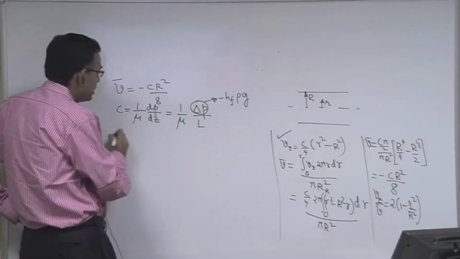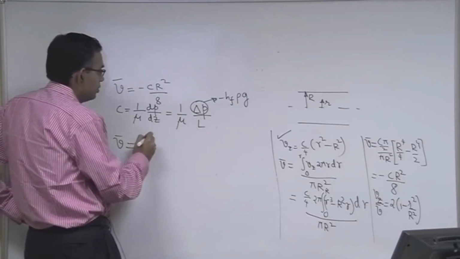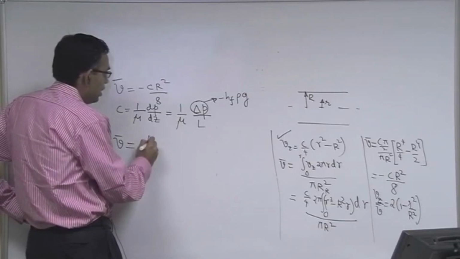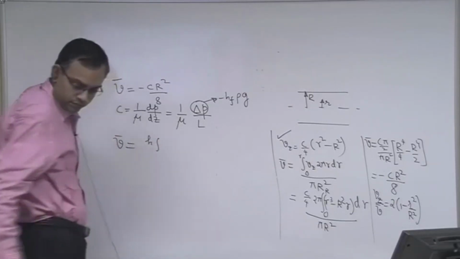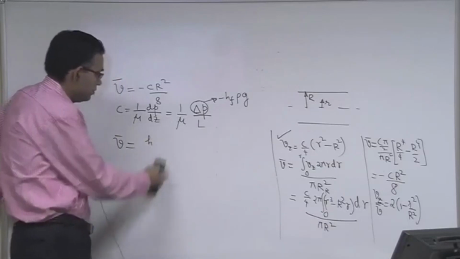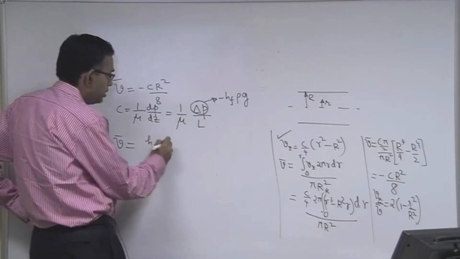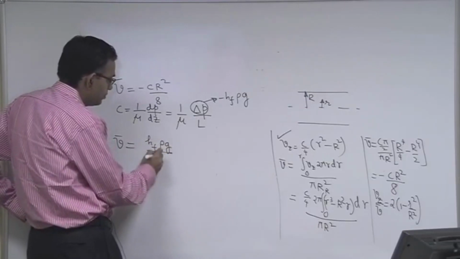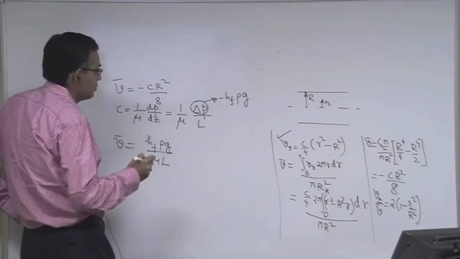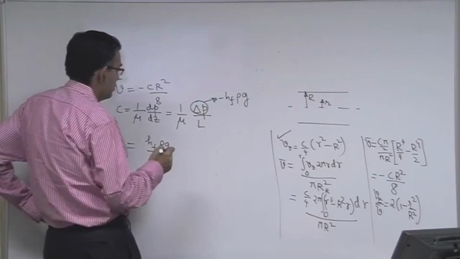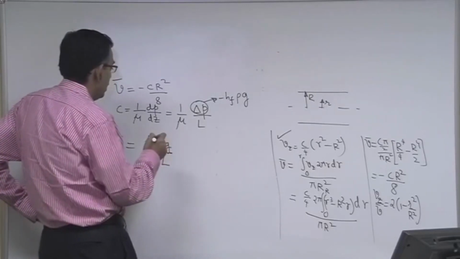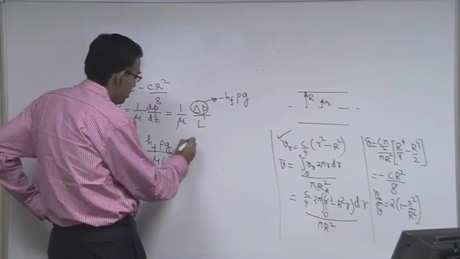So, V average is equal to Hf rho g by mu L into R²/8.